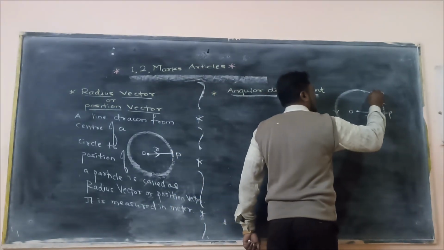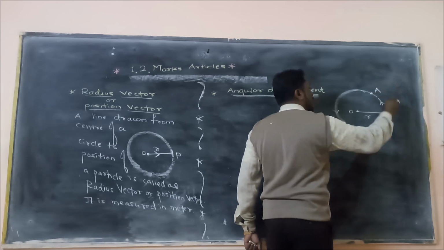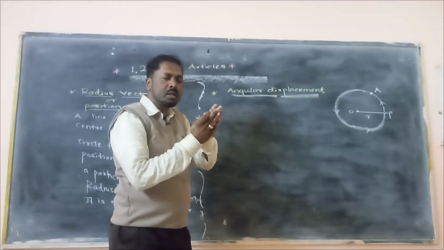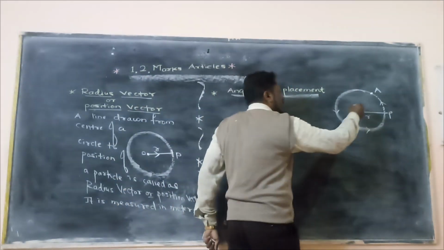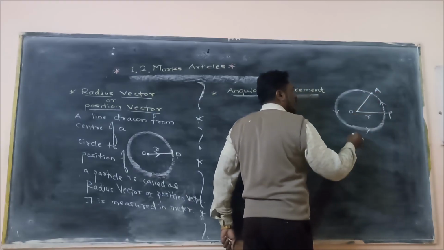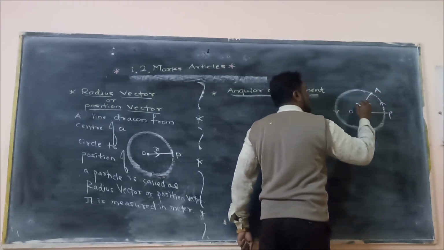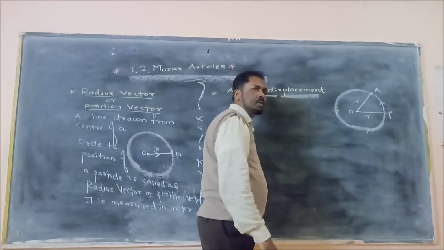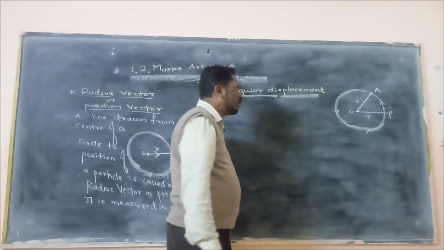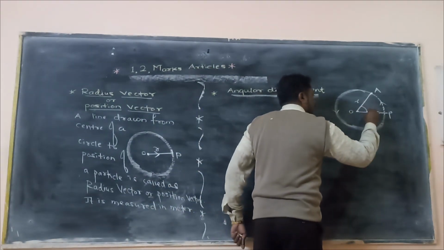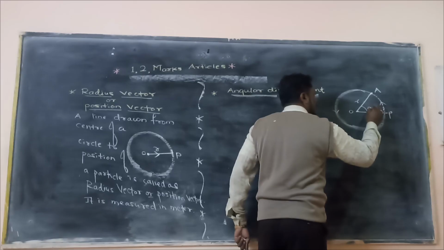After certain time, point P reaches point A. So just join this. What about OA? This OA is again a radius, and it makes a certain angle theta.